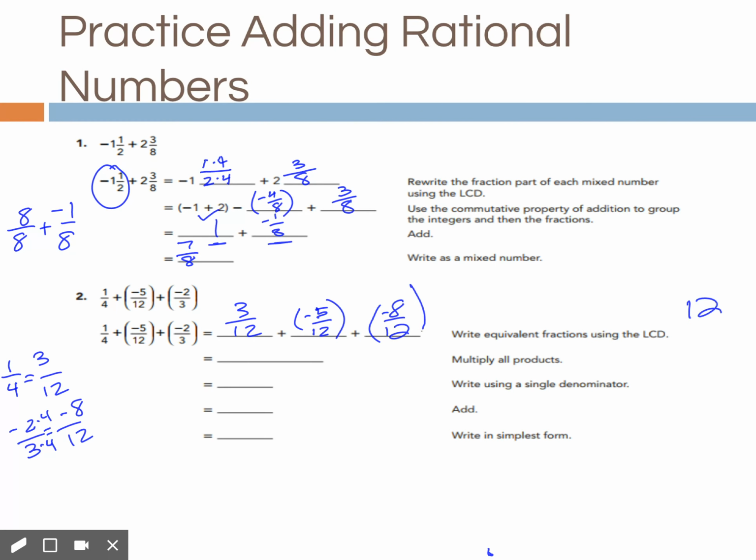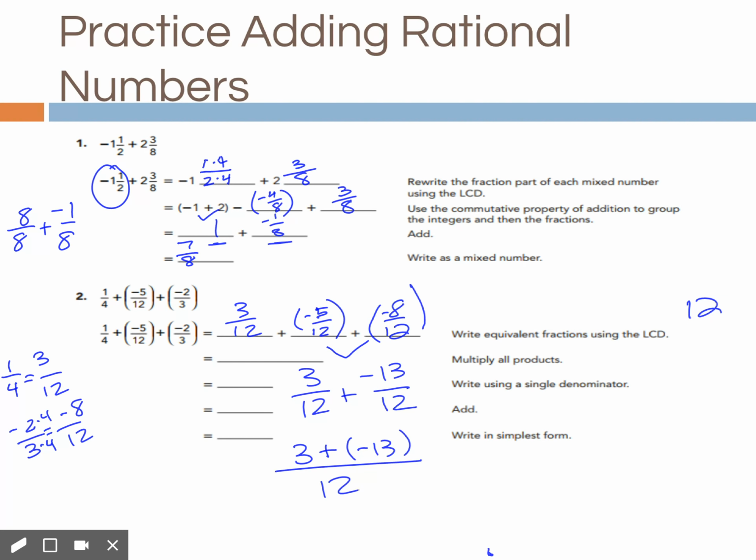All right, so now I'm first going to combine my negatives here. Negative 5/12 plus negative 8/12, I'm going to get negative 13/12. And then 3/12 plus that. So now I have 3 plus a negative 13 all over 12.